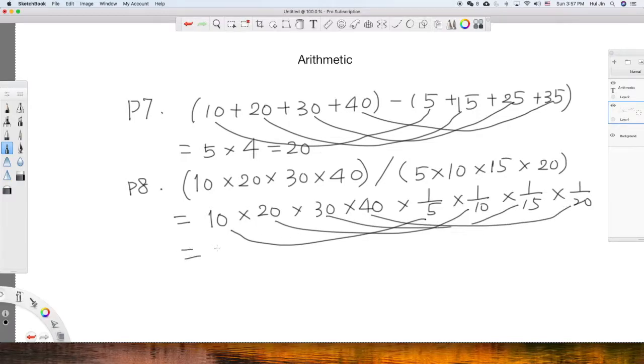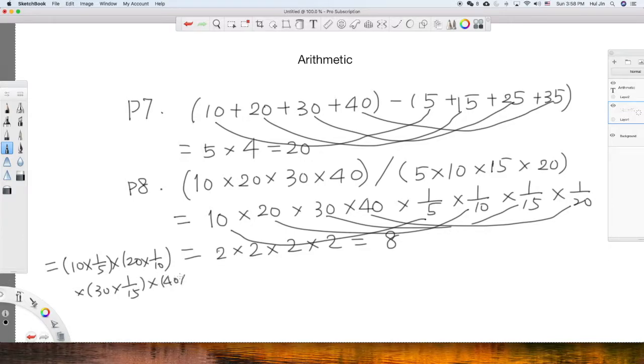By using the commutative law and associative law, you get 2 times 2 times 2 times 2 equals 16. Okay, I'm skipping one step. I'm really writing it down as 10 times 1 over 5 times 20 times 1 over 10 times 30 times 1 over 15 times 40 times 1 over 20. Okay, and each one equals 2.